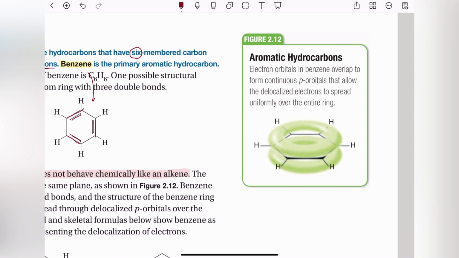Aromatic hydrocarbons. Electron orbitals in benzene overlap to form continuous p orbitals and allow the delocalized electrons to spread uniformly over the entire ring.